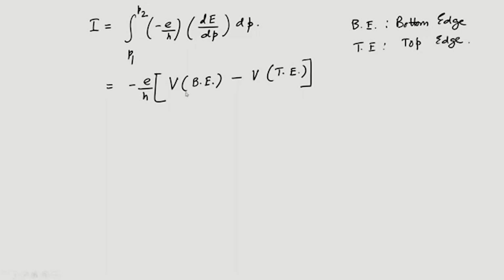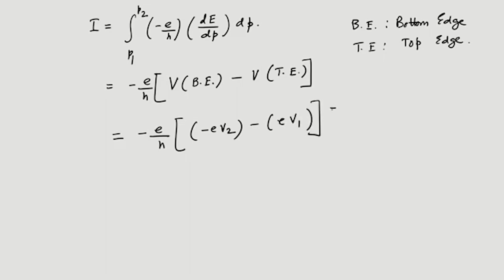So this is the potential energy, and I can write it as minus e by h times minus eV2. Say the voltage at the bottom edge is V2 and it's V1 at the top edge. So this is equal to minus eV1.